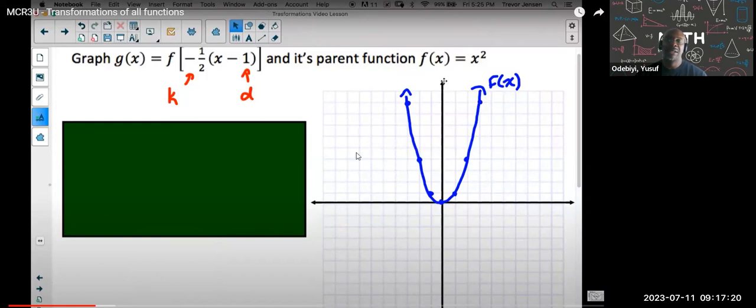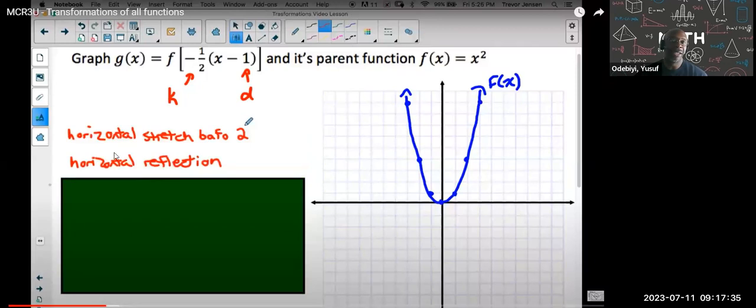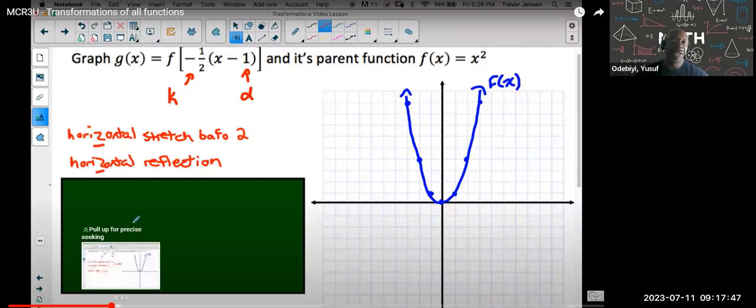It's going to look like it's being pulled apart this way. That's what's happening with this. And with the 1, it's shifted over to that side. So let's see if we can look at it. There you go: horizontal stretch by a factor of 2, and horizontal reflection means it just flips about the y-axis.